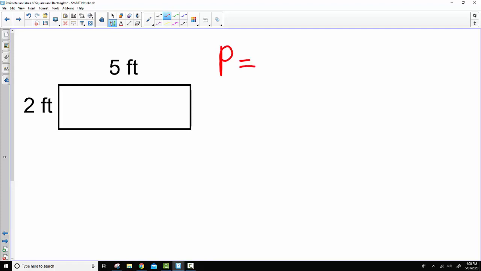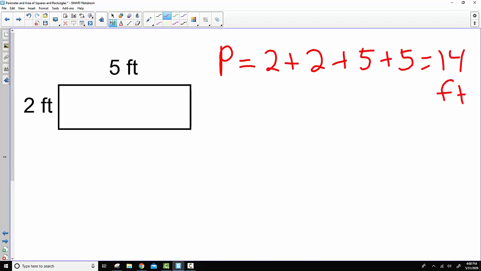And we can see that that would be a 2 plus 2 for the left and right sides, and a 5 plus 5 for the top and bottom. And that would equal 14 feet. So the perimeter is 14 feet.